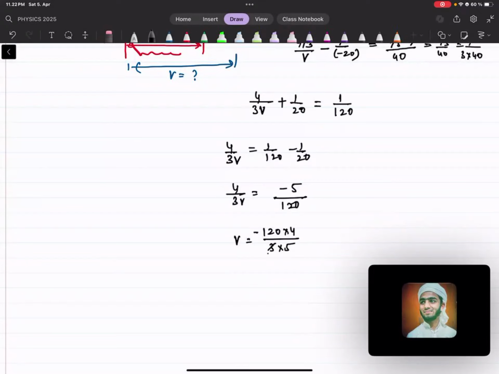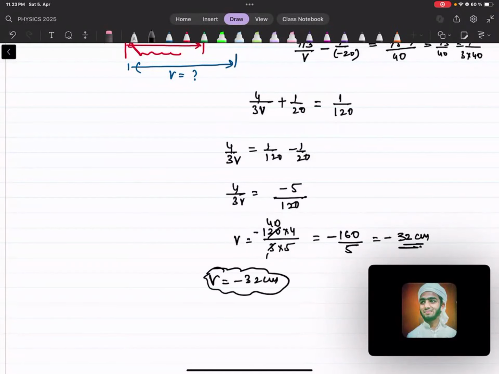That is 160 divided by 5, which is minus 32. It will be minus 32 centimeters. So the image is at minus 32 centimeters.